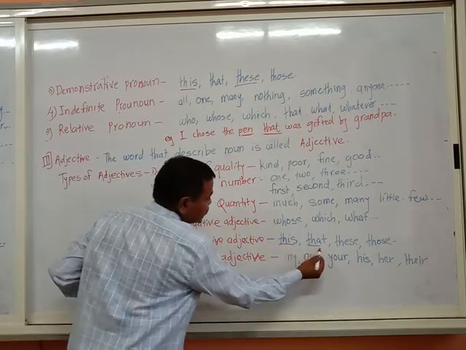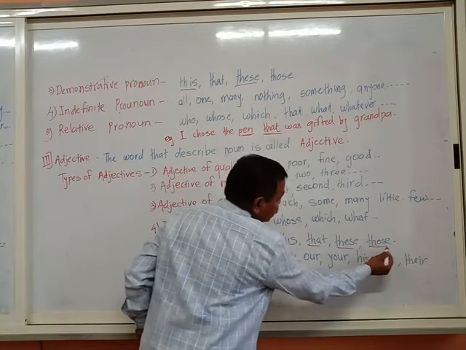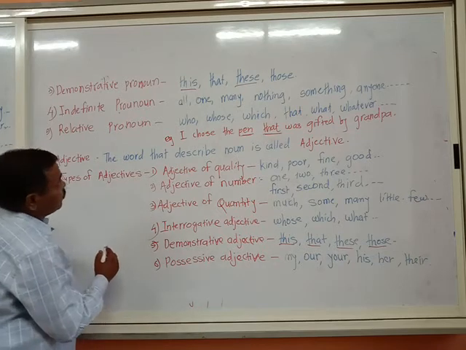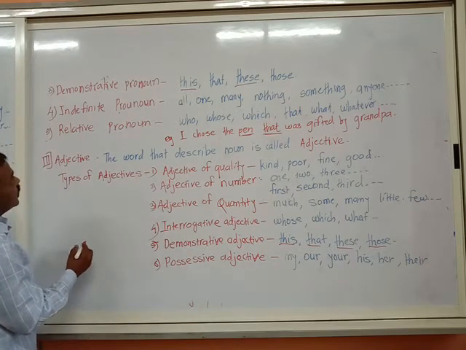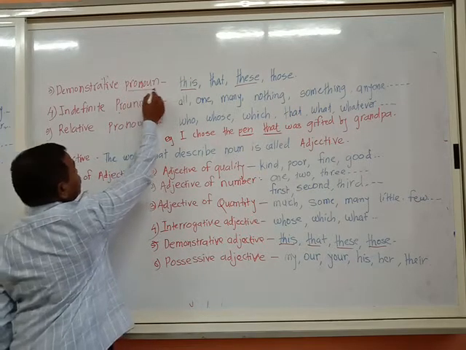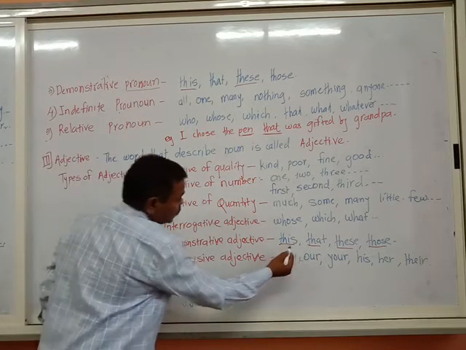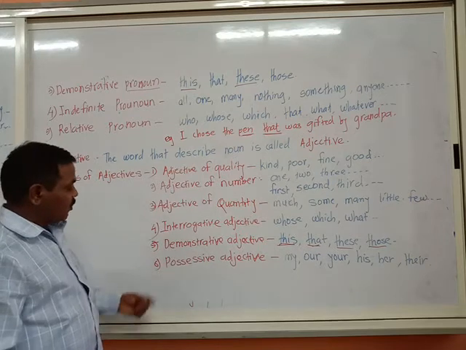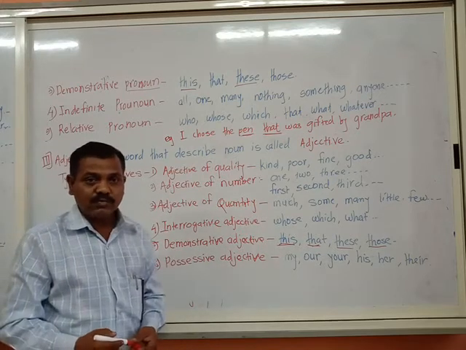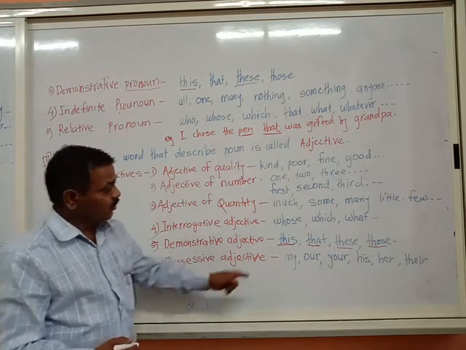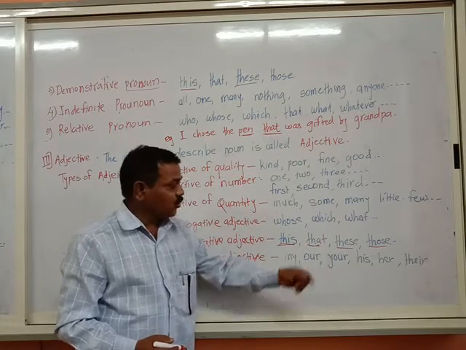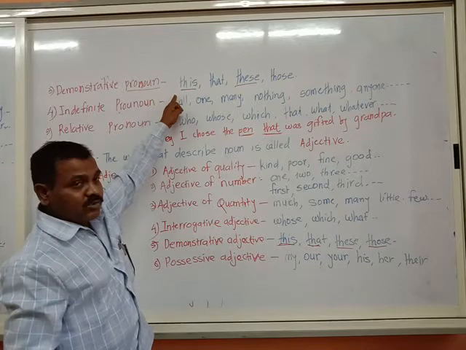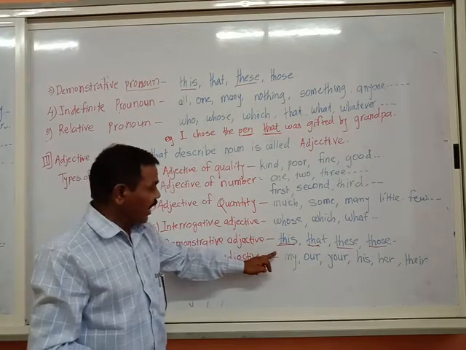This, that, these and those are demonstrative pronouns also. How do they become pronouns and adjectives? This is the confusion. I shall tell you. This, that, these, those are classified as both demonstrative pronouns and adjectives.